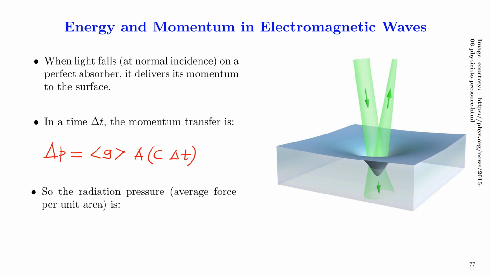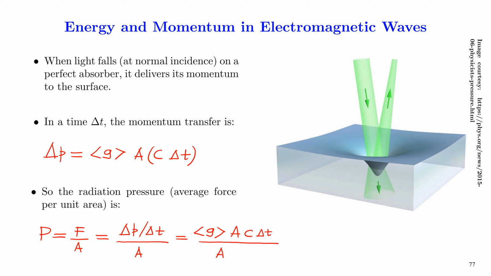We define the radiation pressure, which is the average force per unit area, as P equal to force per area, and this is equal to delta P over delta T, that is the rate of change of momentum, over A, and this is equal to the average value of g multiplied by A c delta T over A delta T. The A's and delta T's get cancelled, resulting in 1 over 2 epsilon 0 E0 square.